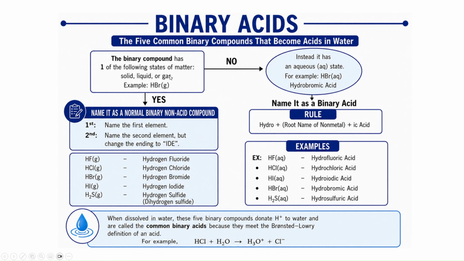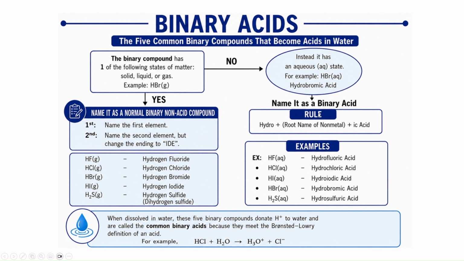If the binary compound does not have one of these 3 states of matter, then it's going to have the state of matter of aqueous, AQ, such as the example that you see here, which is hydrobromic acid. At that point, you would name it as a binary acid.